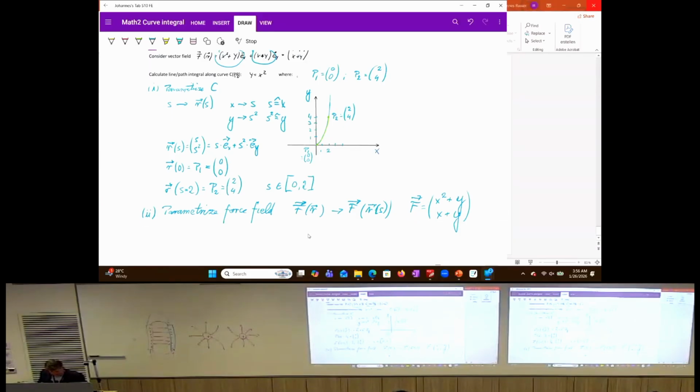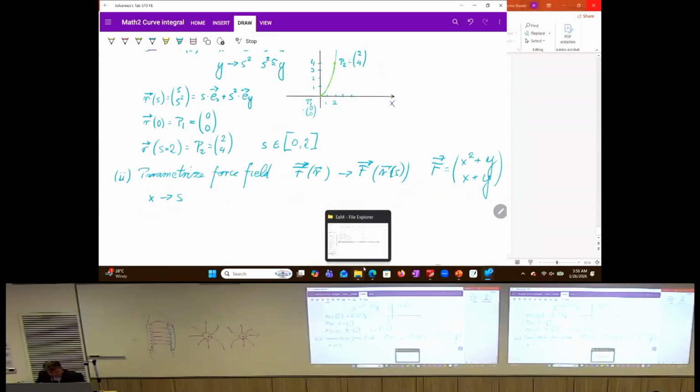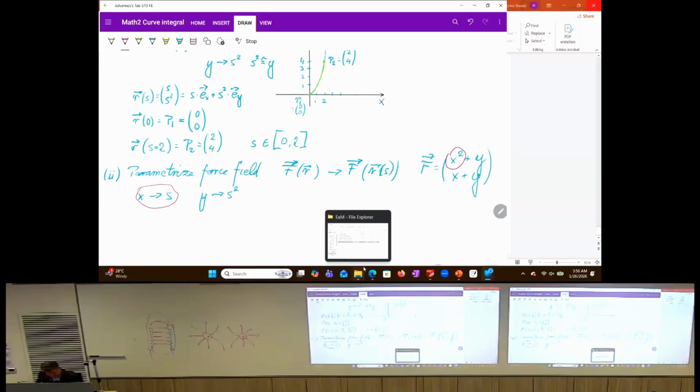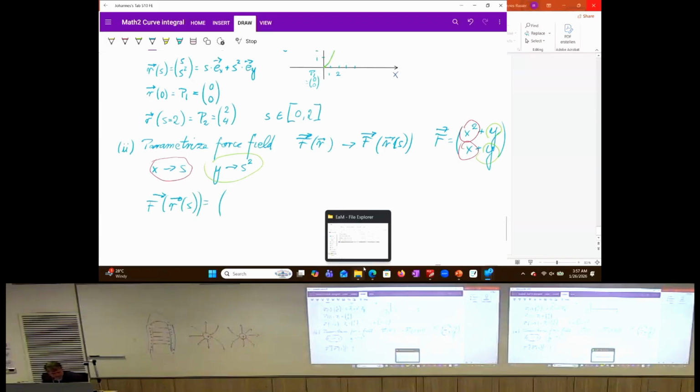And with the parameterization of the curve, we have said that we use this mapping here. So this happens to the x, and for the y we have to go in here. Let's do that. That means our parameterized force field, instead of being of x and y, becomes now also formulated in terms of the line parameter.